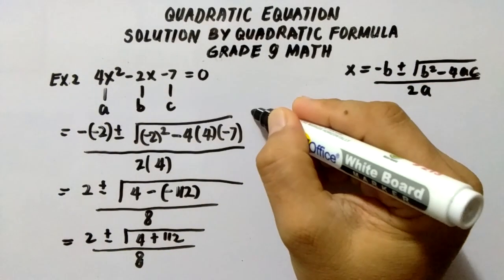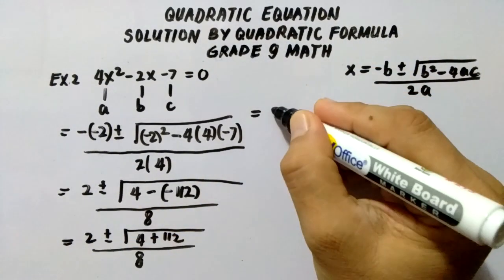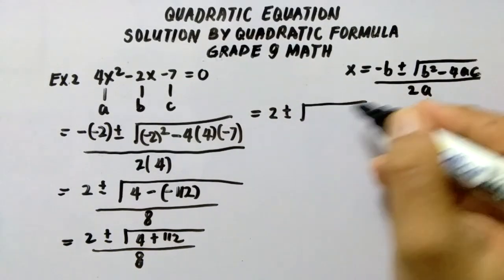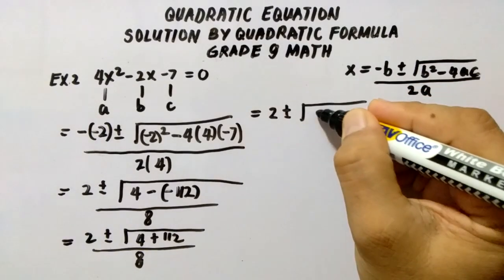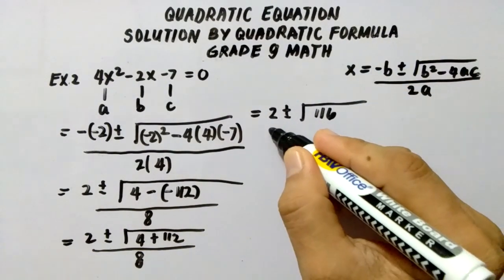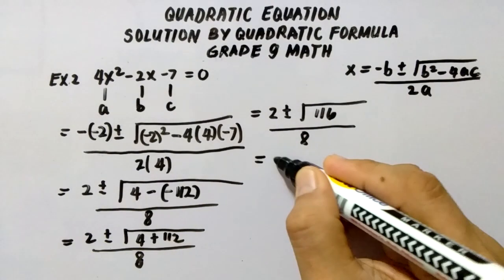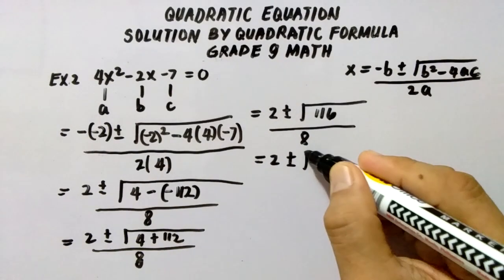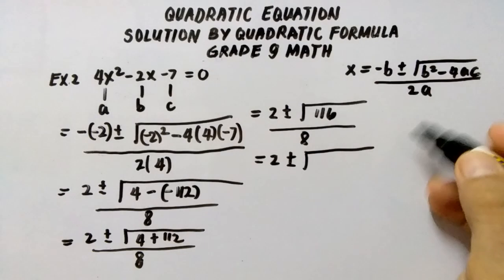Then, continue po natin dito, equals, so 2, positive, negative, then square root of 4 plus 112, that is 116 over 8, then equals 2, okay, positive, negative, square root of, so kunin po natin ang factors ng 116.